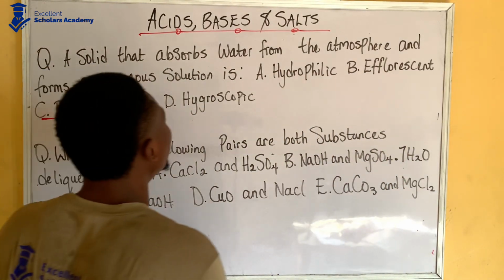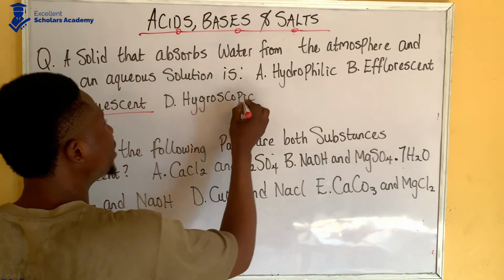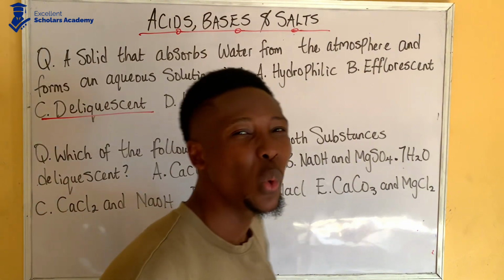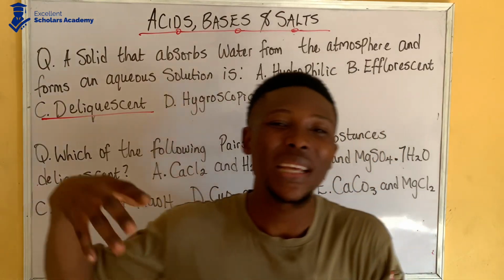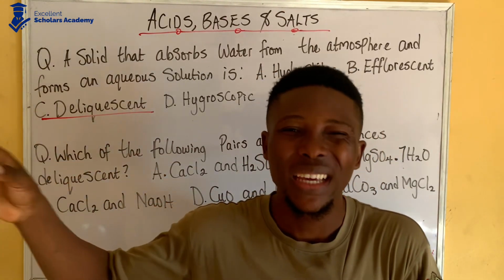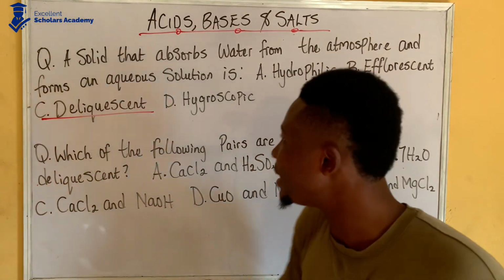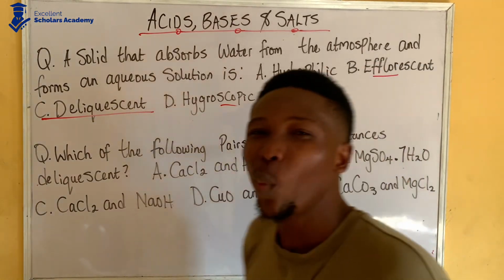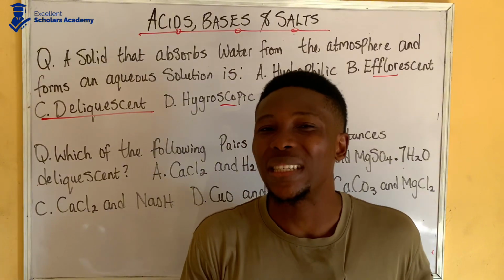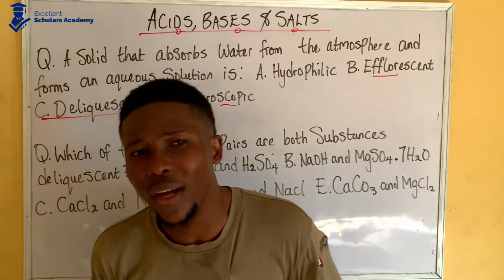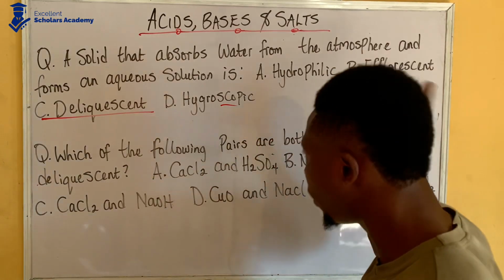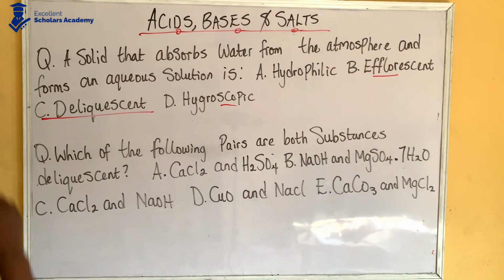When a substance is hygroscopic, it means that when it is exposed to the atmosphere, it becomes wet and sticky. For efflorescent, when the substance is exposed to the atmosphere, it loses its water of crystallization. It is said to be efflorescent. Now, let's move to the next question.